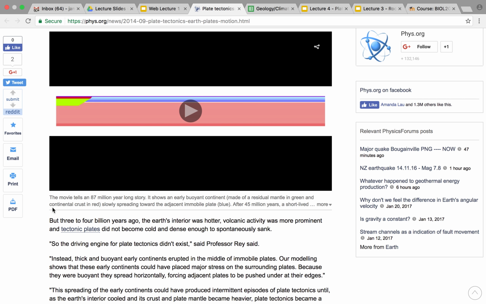Okay, so this movie here tells an 87 million year long story. It shows an early buoyant continent, made of a residual mantle in green and continental crust in red, slowly spreading toward the adjacent immovable plate.